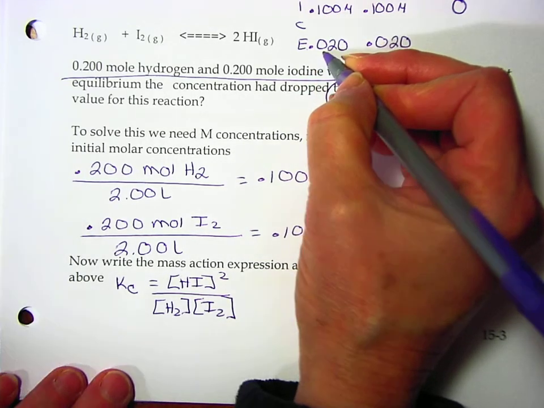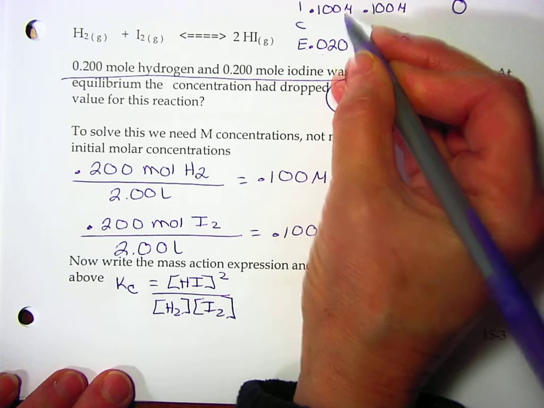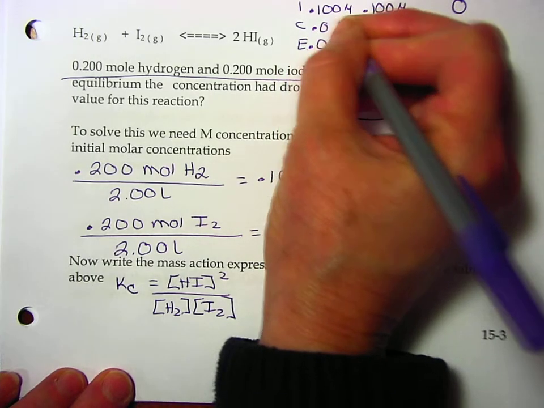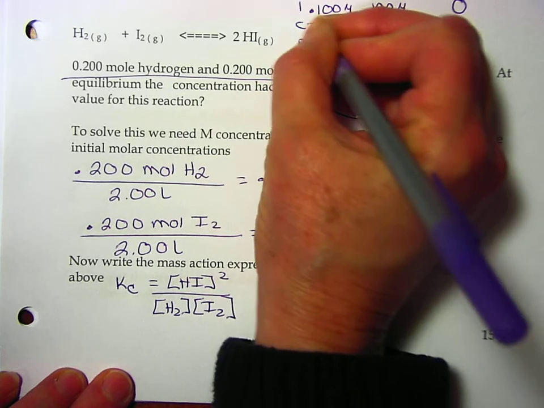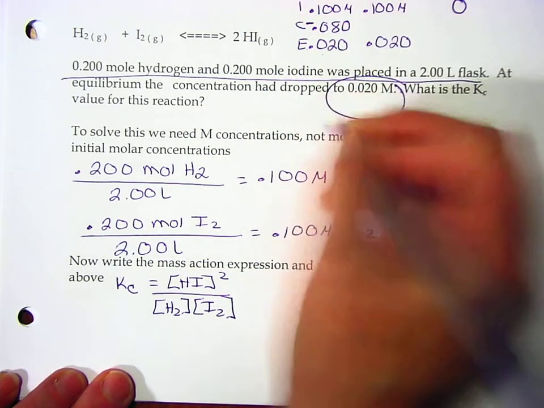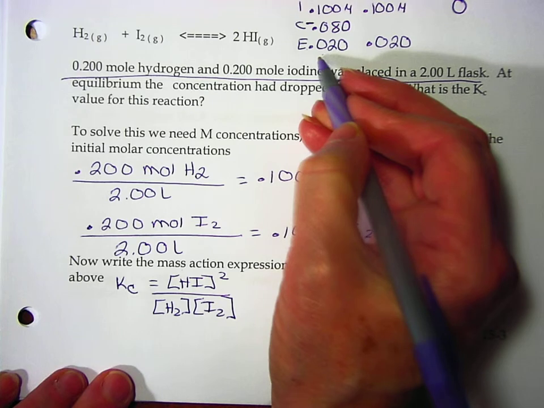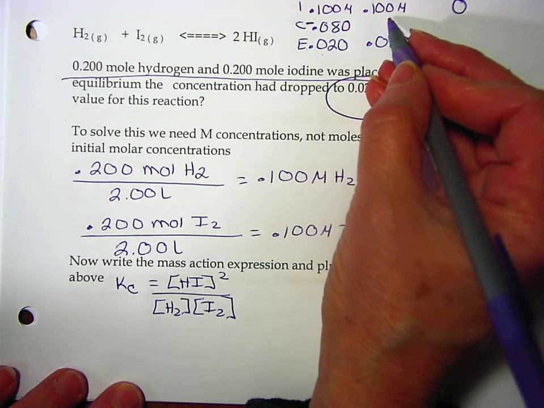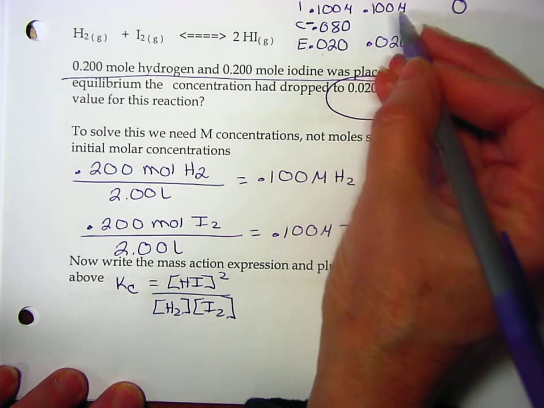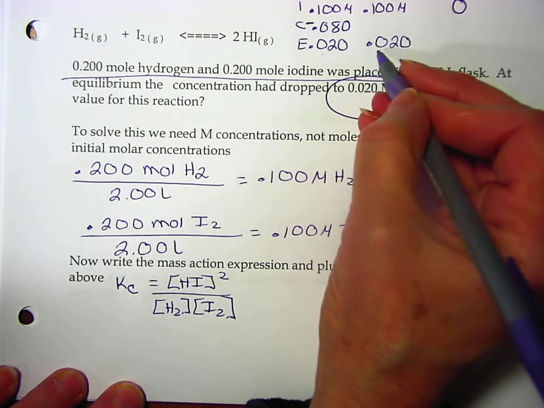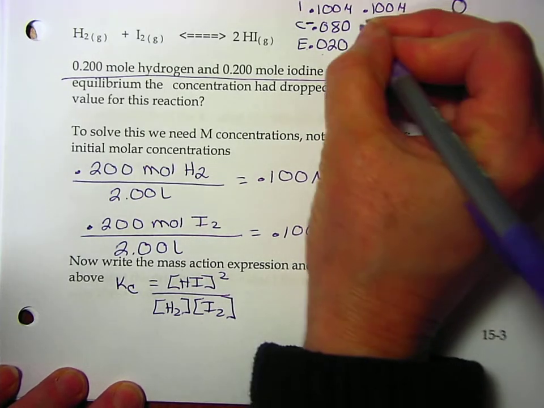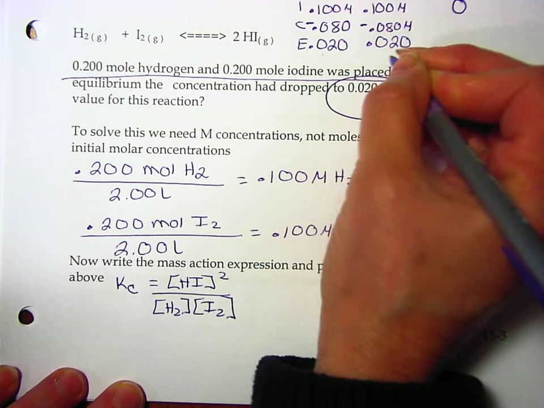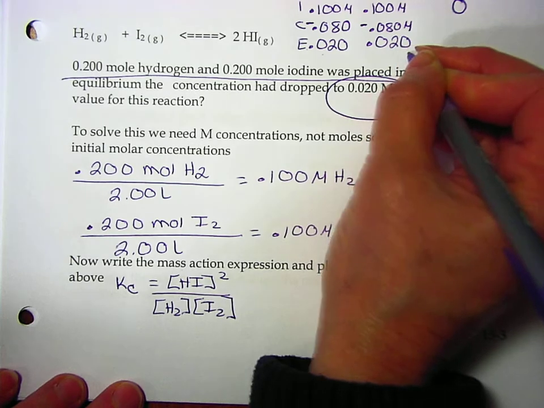Well, I subtract. 0.100 minus 0.020 is equal to 0.080. So my change is a negative 0.080, and that's how I get to 0.020 molar. I have the same thing going on over here in iodine. 0.100 is the starting, and it ends up at 0.020. So I get negative 0.080 molar, and now I'll end up with 0.020.